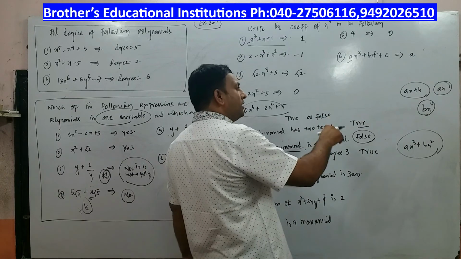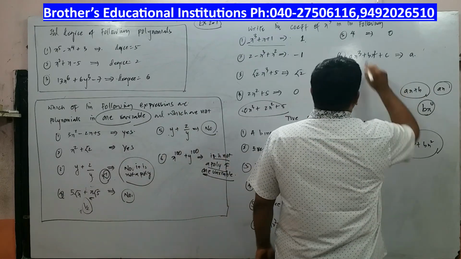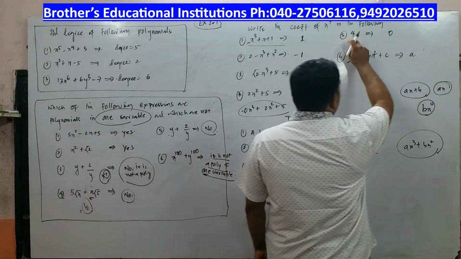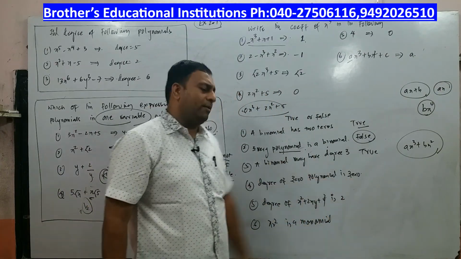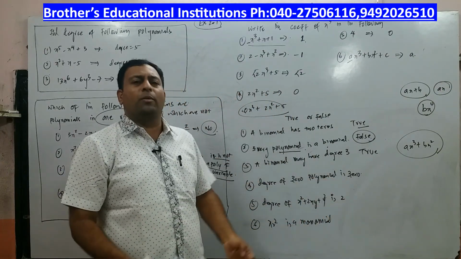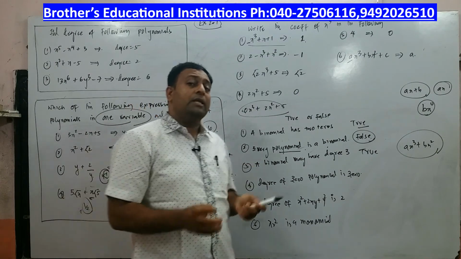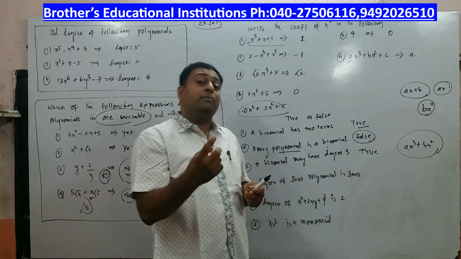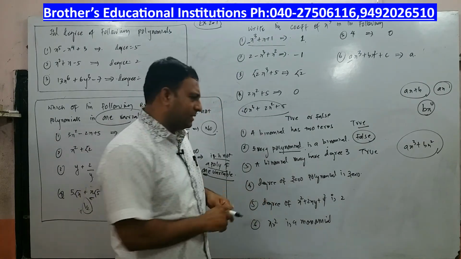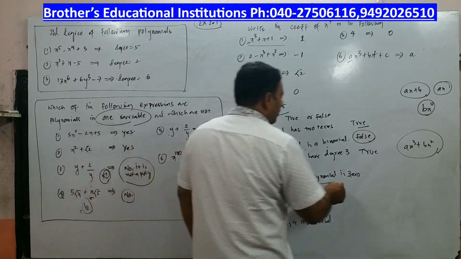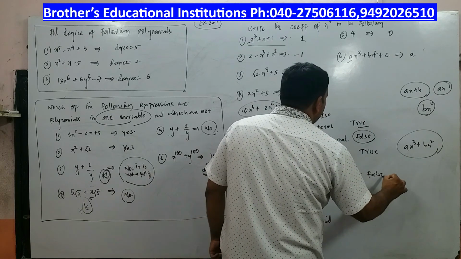The degree of a constant is 0. But here, the degree of 0 polynomial is 0 is completely false because the degree of the 0 polynomial is not defined. Remember, 0 polynomial is not defined, but 0 of a polynomial is defined, which we are going to learn in our next exercise. Right now, degree of 0 polynomial is 0 is completely false.